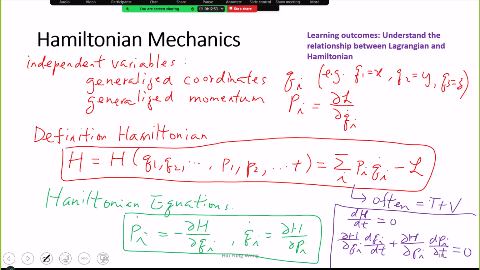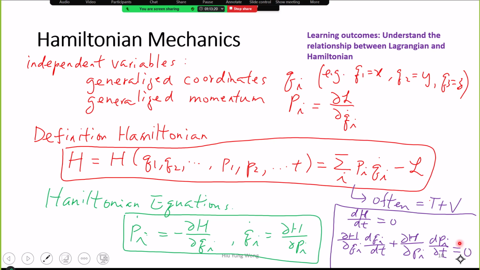H depends on the coordinates and also the momentum, right? So when you do this, one is equal to this, because you just go through the chain rule. And how can you make this 0? You actually have many choices. One choice is that you get dpi/dt equals negative partial H partial qi.